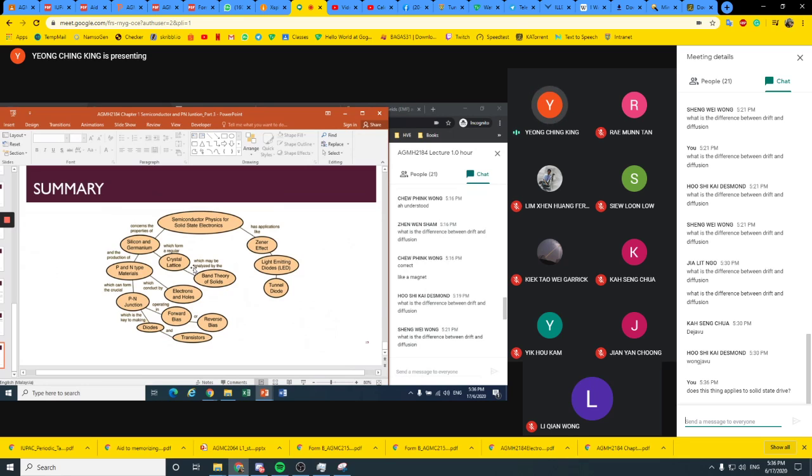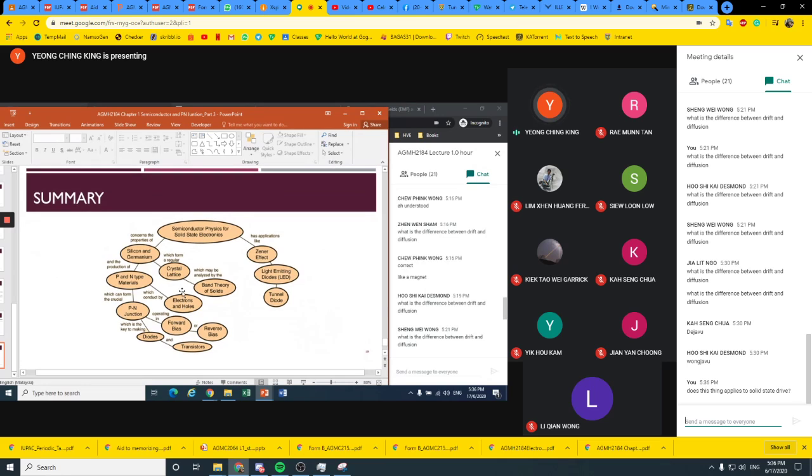Therefore, you can use the diode in power supply circuits, like the rectifier circuit and the voltage regulator. And one more is the clipper and clamper. That means if you want the output voltage to reach a certain level, you can use the diode too.